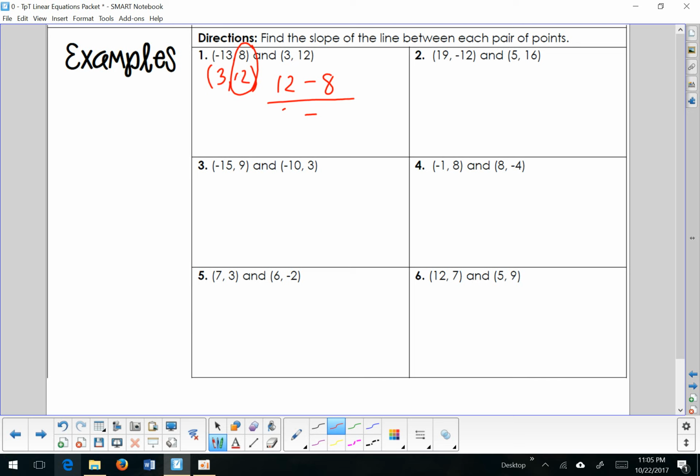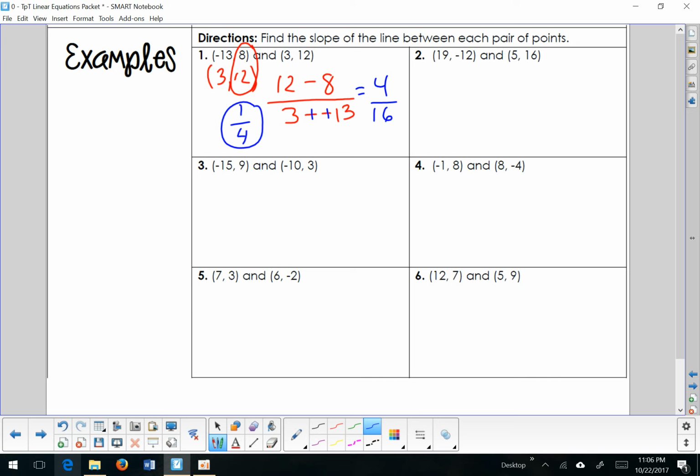The second x, take away the first x, and need another negative sign there, right? So this one's from the formula, this one's from the value. So 12 minus 8 is 4, and 3 minus a negative 13 is 3 plus 13, which is 16. And if I reduce this, I'm actually going to get 1/4.